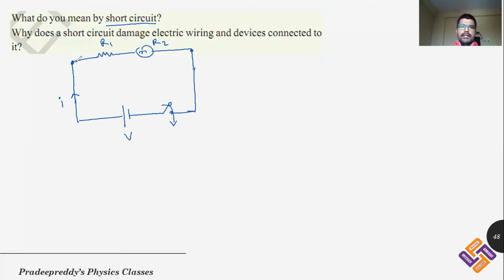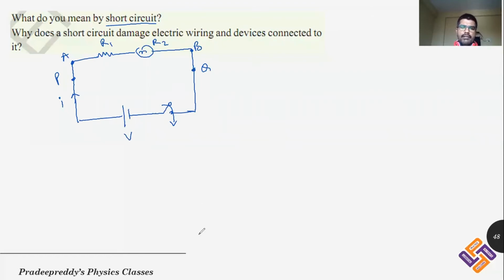Let me take this point as P and this point as Q, and these points as A and B. If there is no connection between P and Q, there is only one path, going through resistances R1 and R2, and it comes through B and Q to the negative terminal.